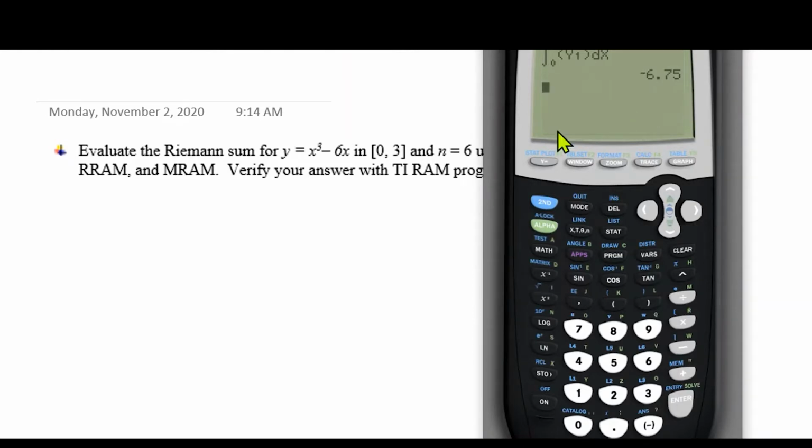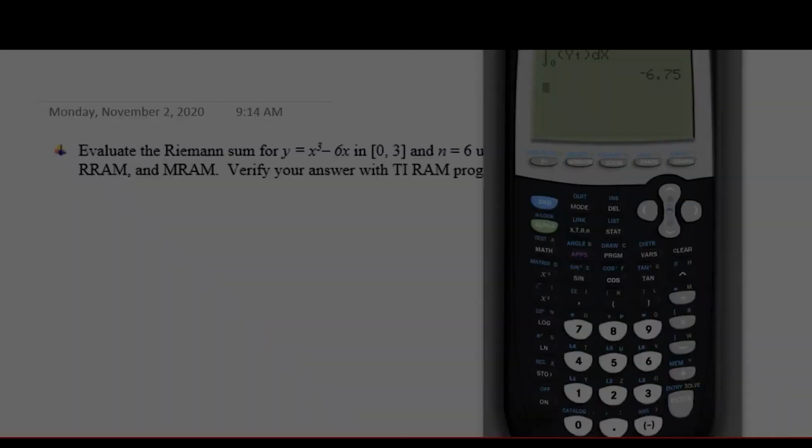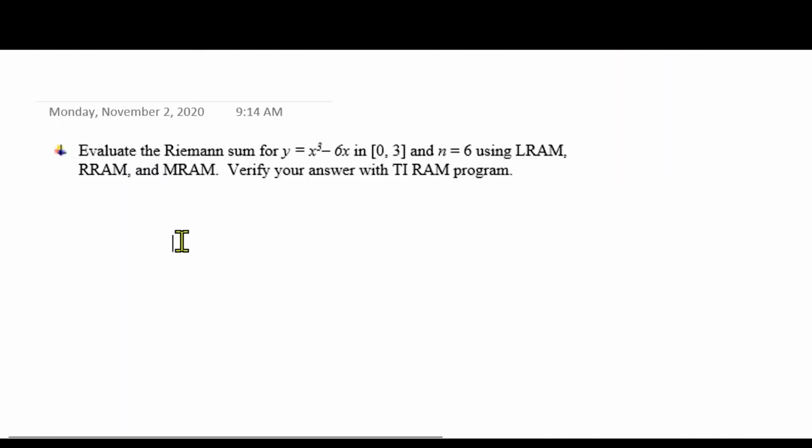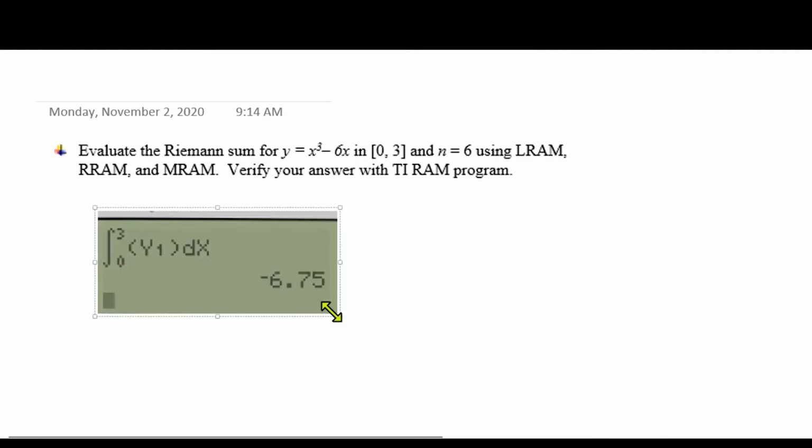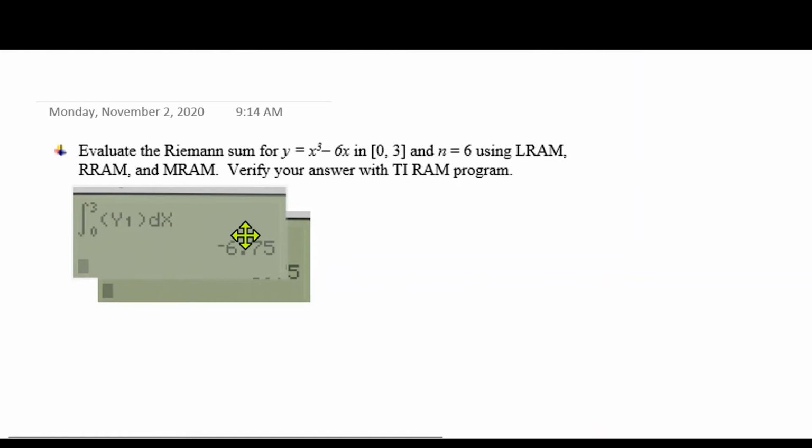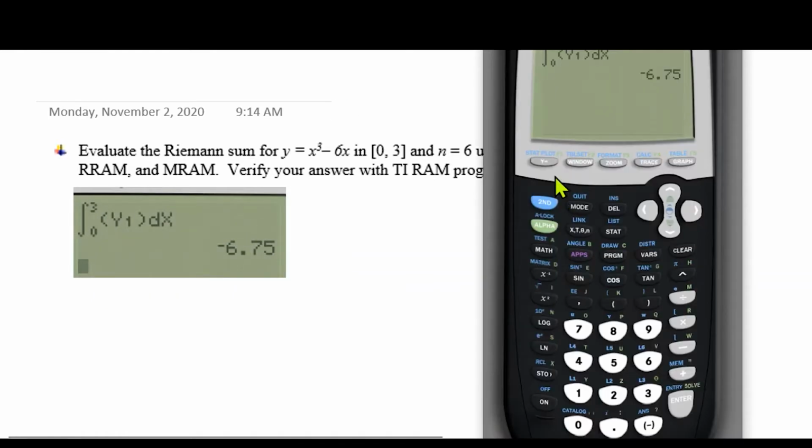Whoa, whoa, whoa. Okay, I'm gonna screenshot this. Okay, I'm gonna save it somewhere here. Like, what is that negative area doing, right? Let's go back. Let's go back to graph.